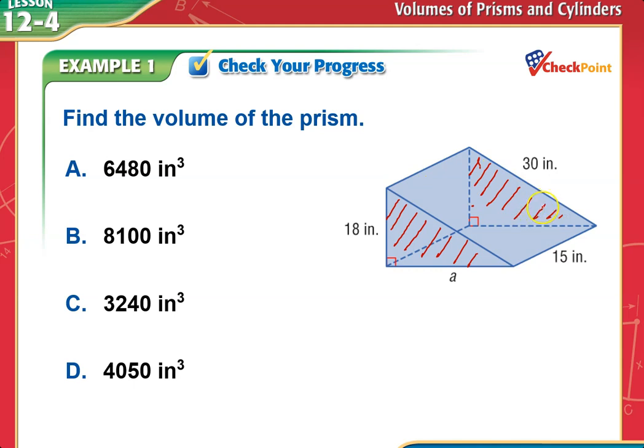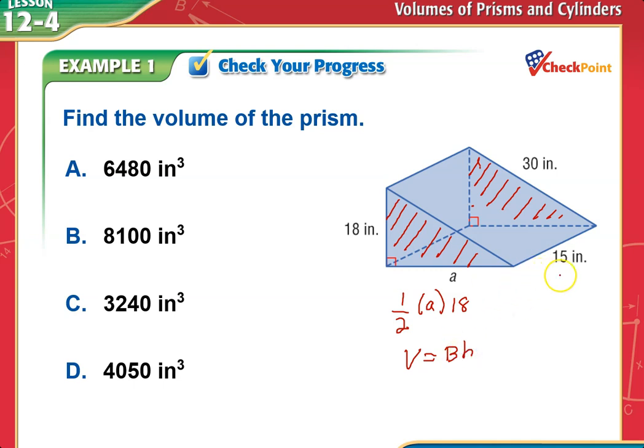So we have to figure out the area of the base. Well, we have 1/2 the base, which currently would be A, times the height of 18. And that represents the B part of the equation. And then we're going to multiply by a height.